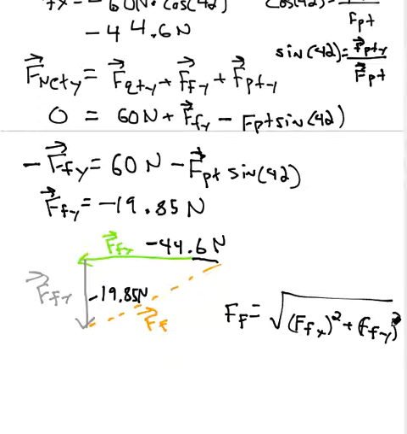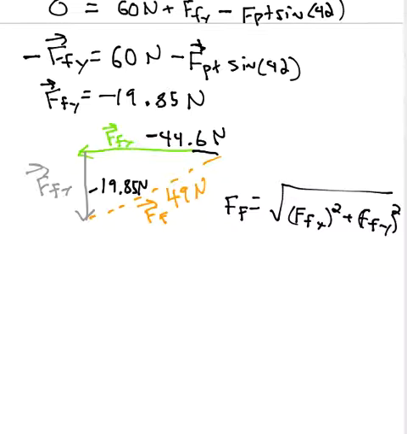So let's punch that in. 44.6 squared plus 19.85 squared, square root, and we get about 49 newtons. So we know the magnitude of the femur force now, but we want to know one more thing, and that is what is the direction of the femur force. Well, we know it's going to the left, but what is this angle theta here?